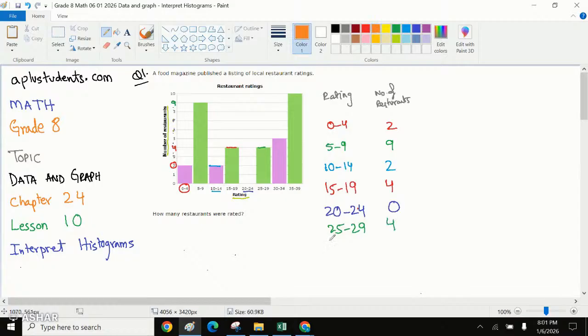Then we have 30 to 34. How many restaurants? 5 restaurants were given a rating between this. And for the last one, 35 to 39. How many restaurants? There were 10 restaurants, right?